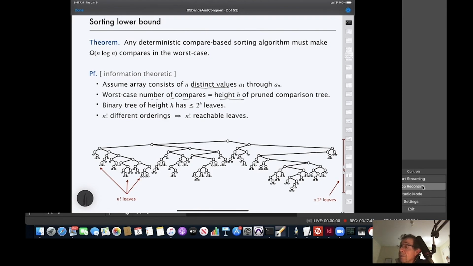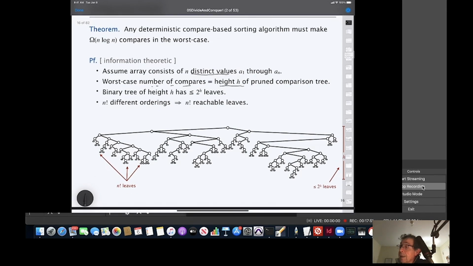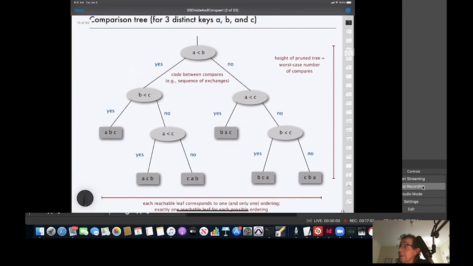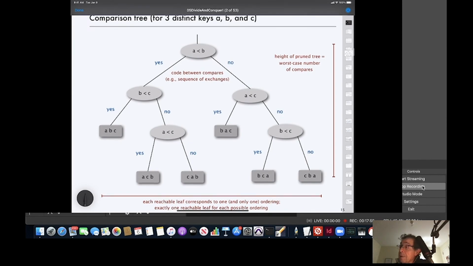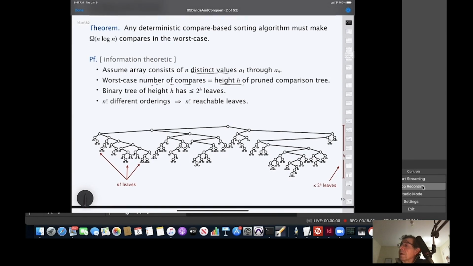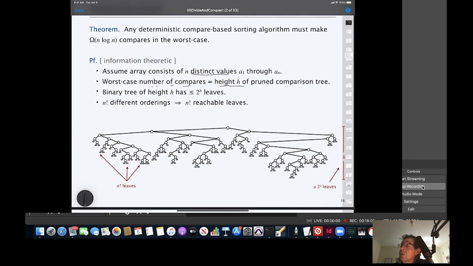We would have a comparison tree like this one, and it has been pruned because we do not have any redundant branch. In such a tree the number of compares equals the height of the tree.